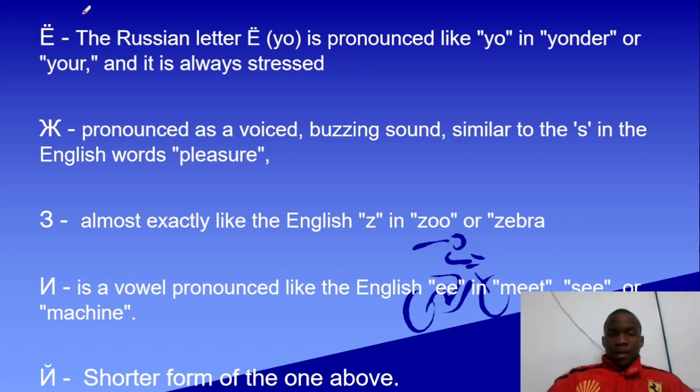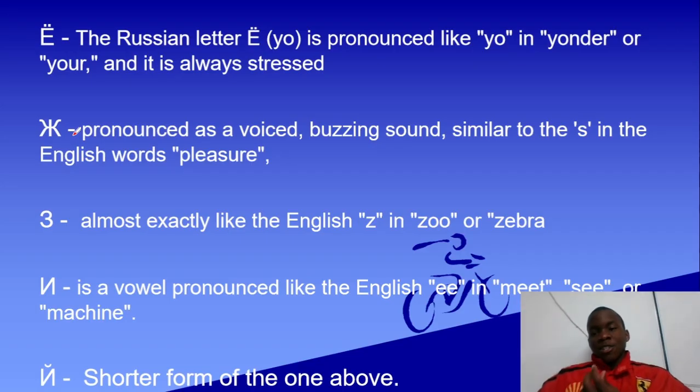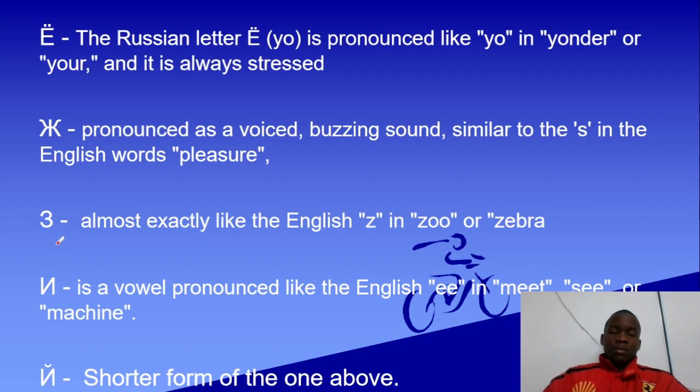Then the next letter, we don't have an equivalent for this one in English, but it's the letter zh. So in the words pleasure, treasure, measure, that zh sound, right? So that is our letter zh. This is our backward letter. Okay, I was about to say it is a three, but it's not a three.